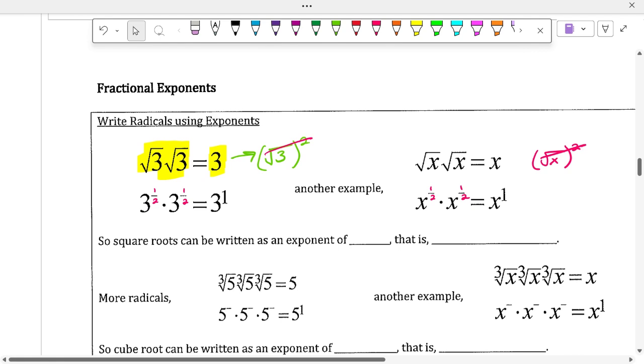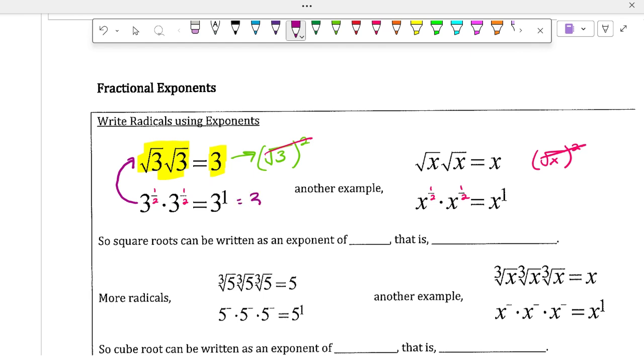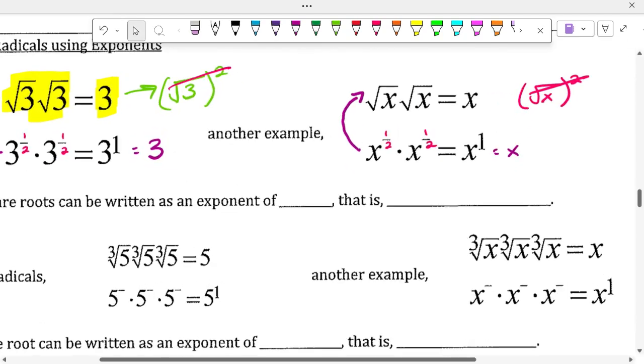Well, is it not true that this is the same thing as this? Didn't that give us the exact same answer? Yeah, because 3 to the first is just 3. What about here? Did that give us the exact same answer? Yes, because that's just x. All right.